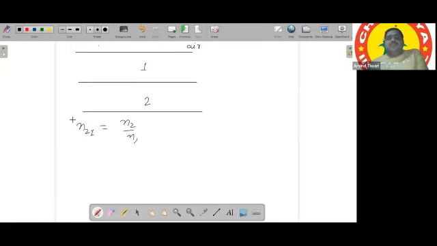So here the relative refractive index of diamond with respect to glass is given as 1.6. It will be equal to N2, the refractive index of diamond which we have been asked, divided by N1, the refractive index of glass, given as 1.5. So you get 1.6 multiply 1.5, that will be your N2.